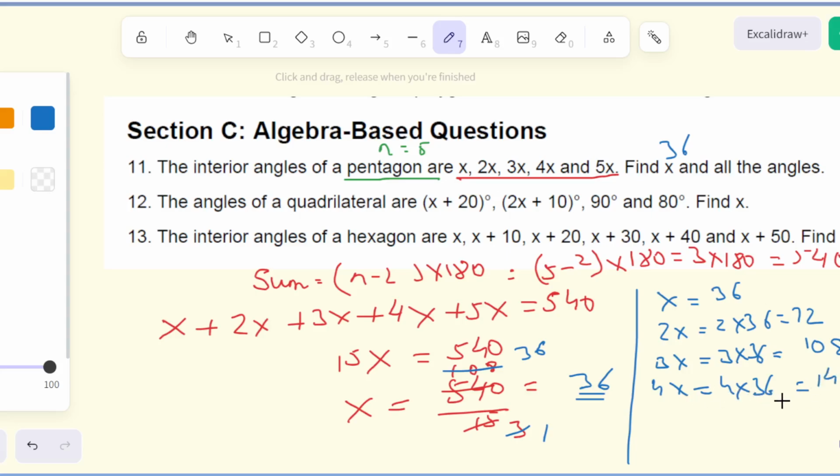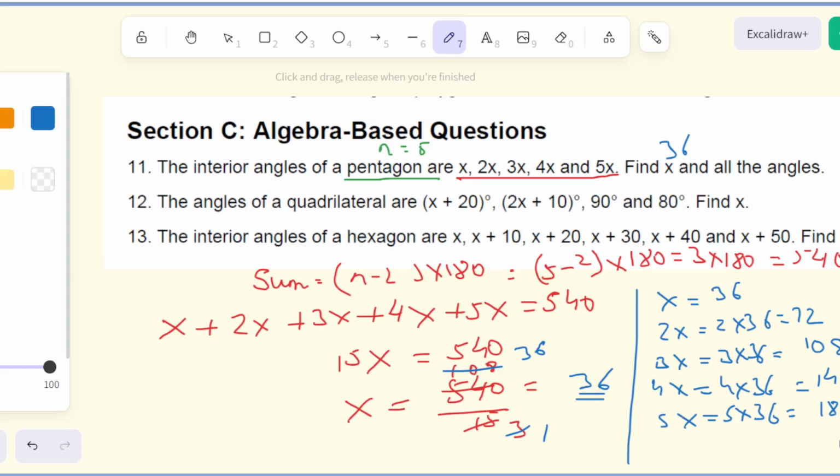You can do it mentally, okay? And 5x equals 5 times 36. Basically, you can add 36 to this. So 144 plus 36, 144 plus 6 is 150, and 150 plus 30 is 180. This is how you can find all of them. You can write it down.